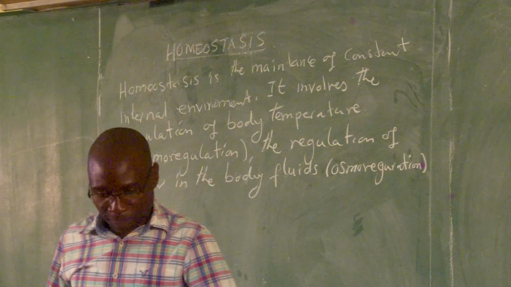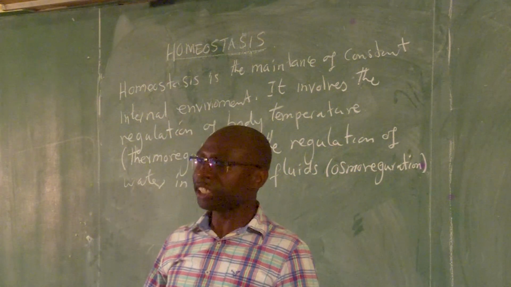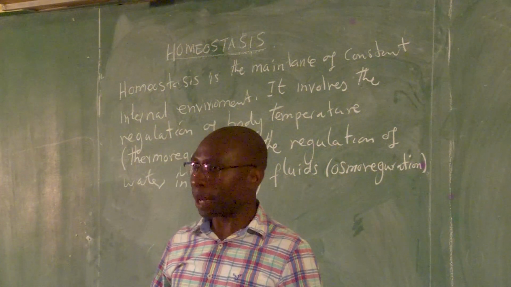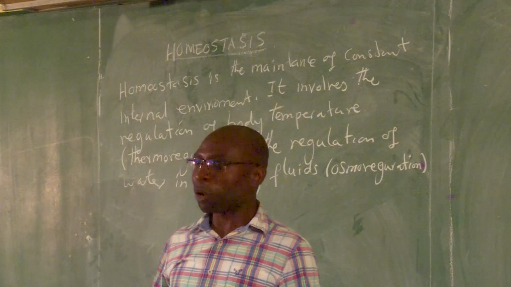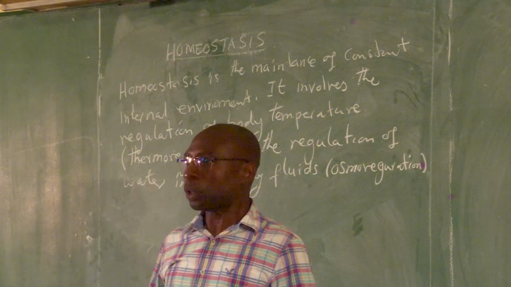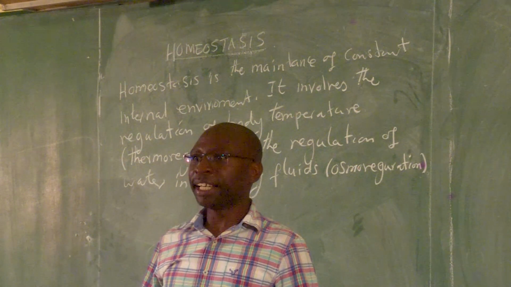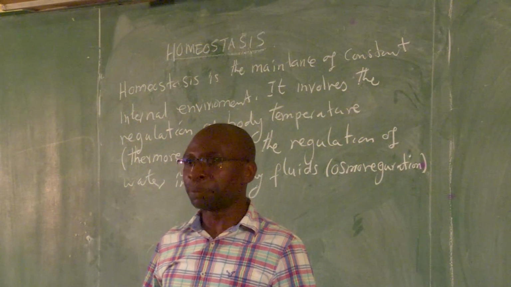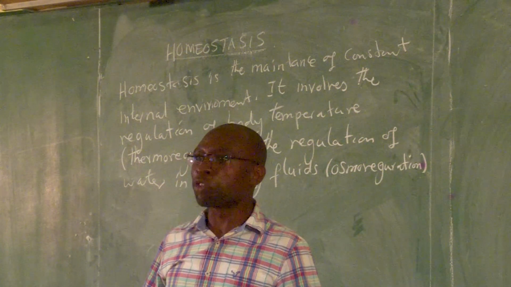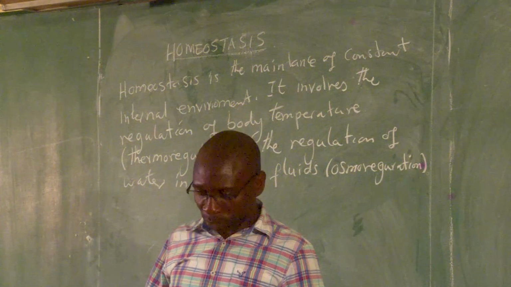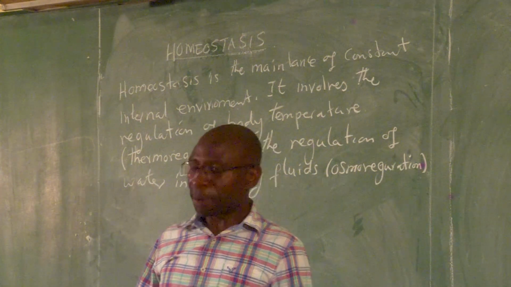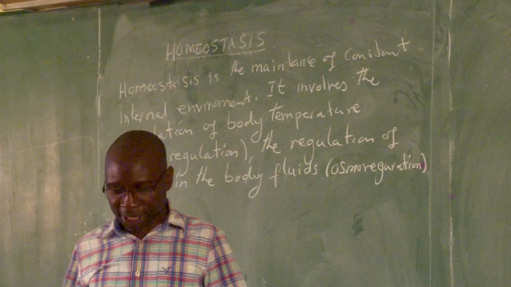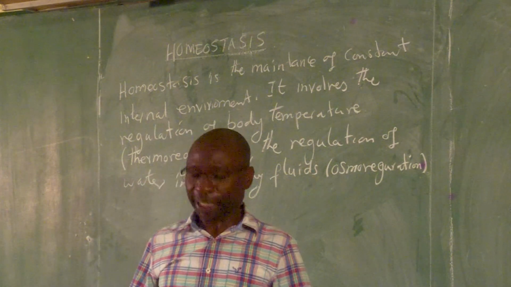It also involves the regulation of blood sugar. In the body, we have sugar, which is produced as a result of digestion of carbohydrates. So that amount of sugar in the blood or in the body needs to be regulated.